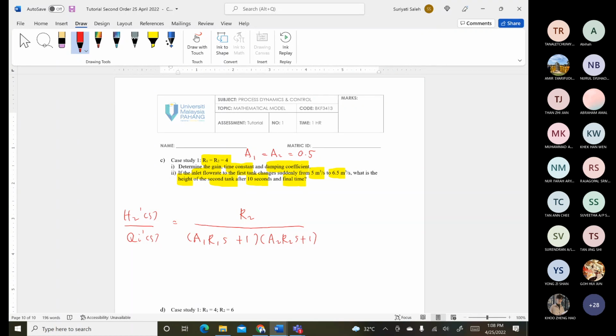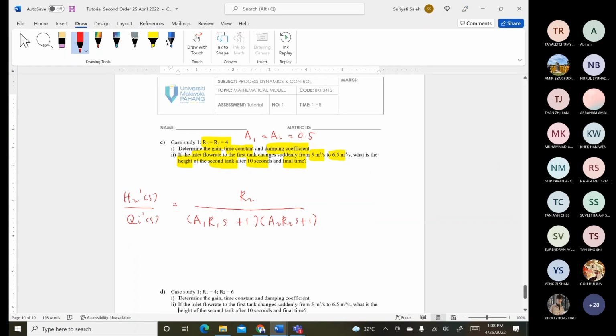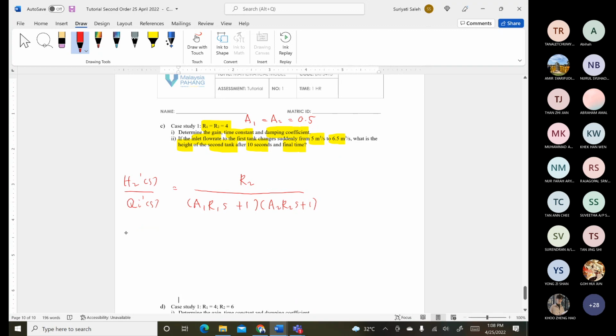The next step is to substitute the values. So we have H2 prime S over Qi prime S equal to R2, and in this case R1 equal to R2 equal to 4.